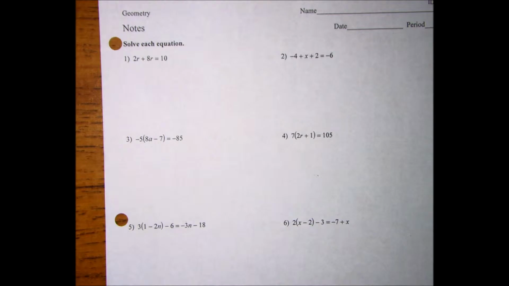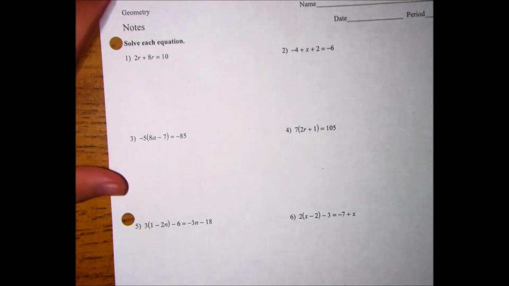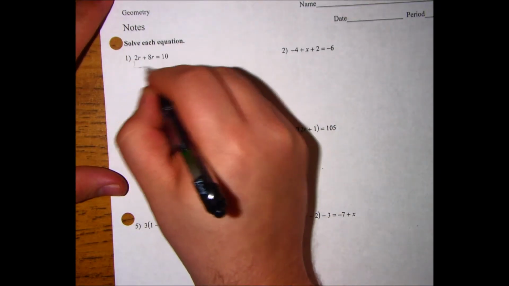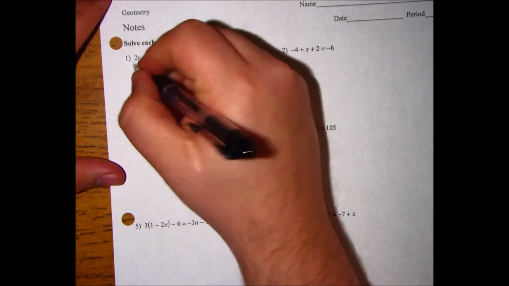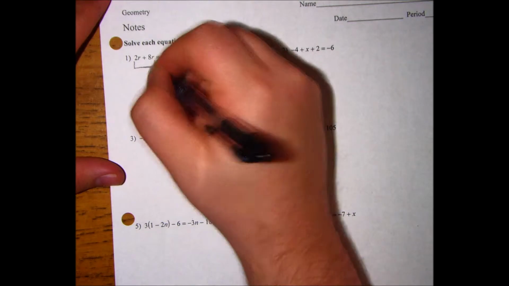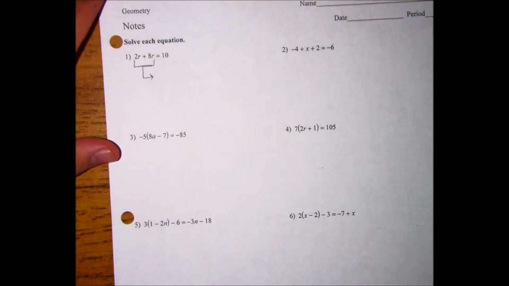Okay, the first one we have 2r plus 8r equals 10. Now the first step we're going to have to do here is combine our like terms. So we're going to take 2r and 8r and we are going to combine them. We can combine them because the r variable has the same exponent of 1.